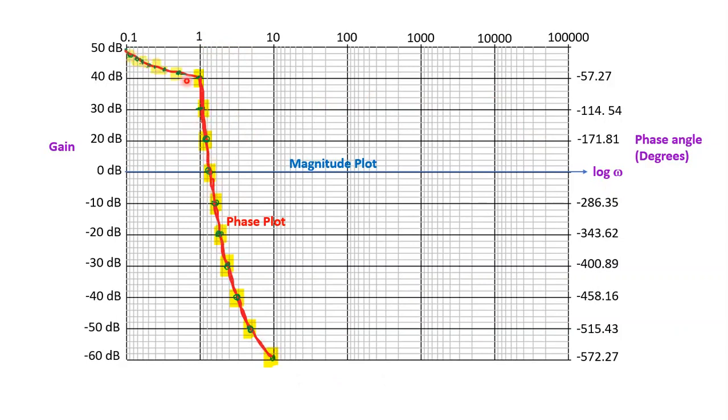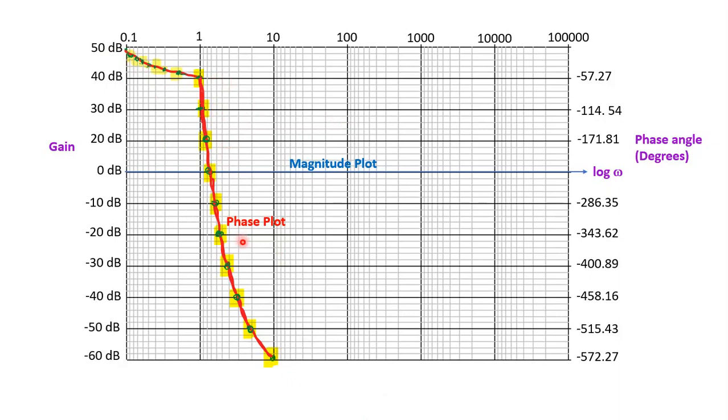Similarly, from 0.1 to 1, it will be from minus 5.7 to minus 57.2. This scale is cramped, that is why these points look like this. So the phase angle plot looks like this. After 10, if we continue, we again get a plot like this. That is how the phase angle plot looks.